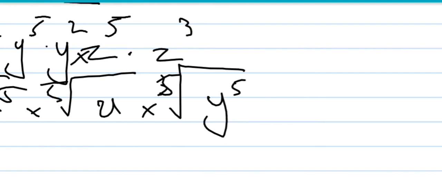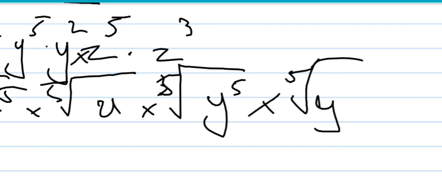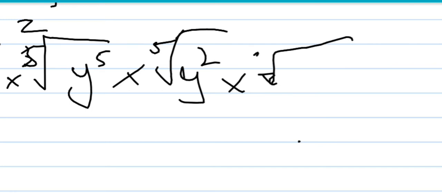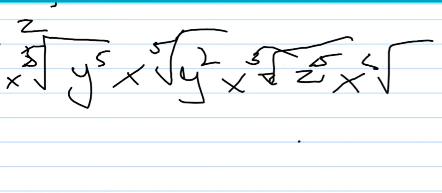multiply 5 into x, multiply under root y⁵, and multiply 5 into y square, multiply z⁵, z⁵ multiply under root 5 z³.